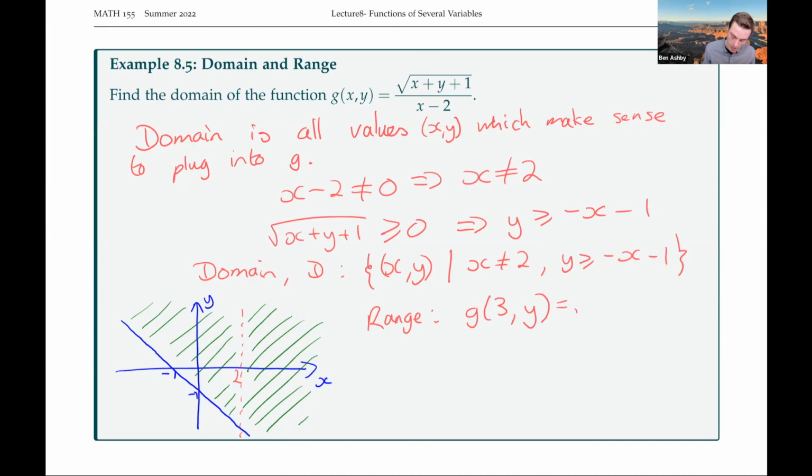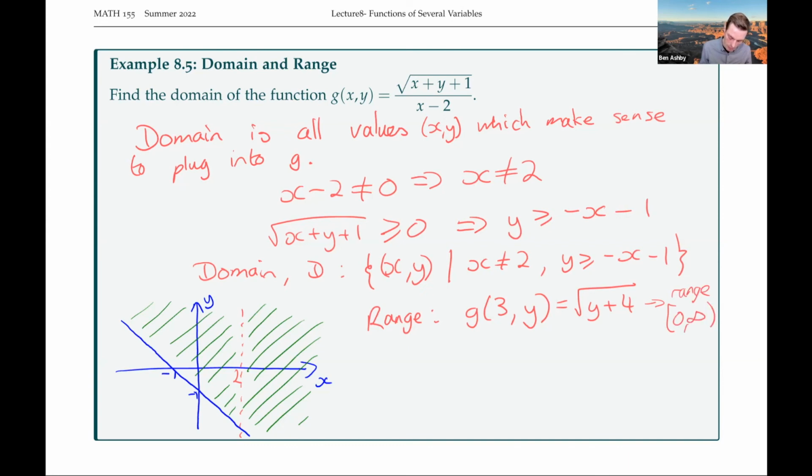This ultimately just gives us the square root of y plus 4. And this can take any value between 0 and infinity. So the range, if we restrict ourselves to fixing x equal to 3, is between 0 and infinity.